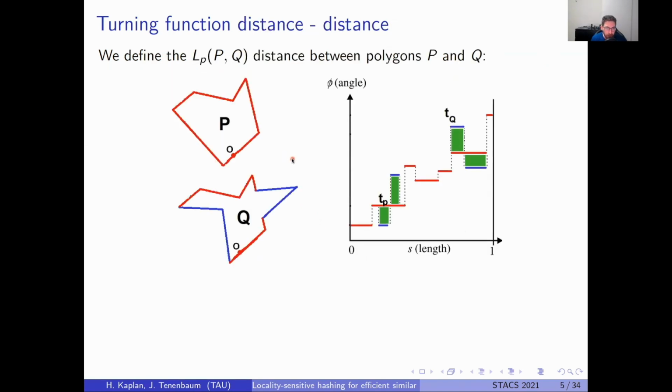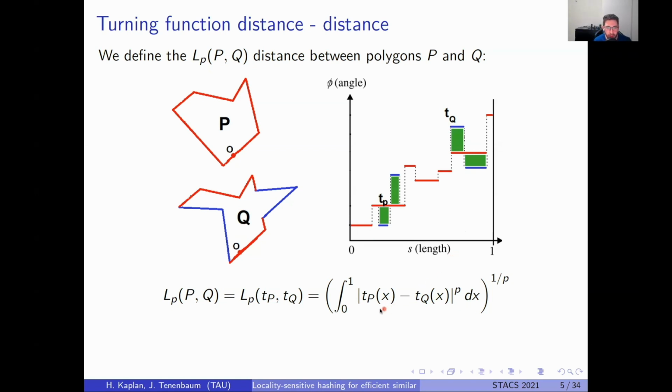Given the definition of the turning function, we can now define the turning function distance between two given polygons. To the right, we plot the turning functions, where the red one corresponds to the turning function of P, and the blue one corresponds to the turning function in parts of Q where it's different from P. Given this difference between the two turning functions, we define the turning function distance to be the L_p distance between the functions.